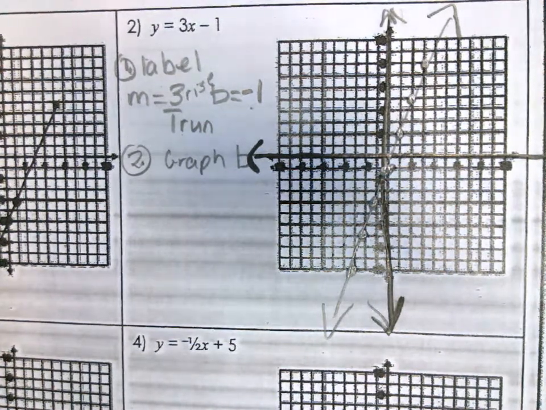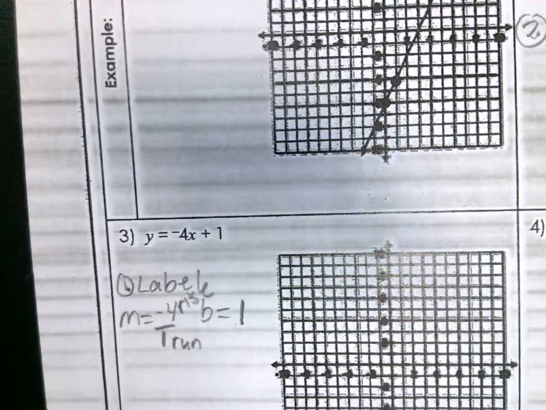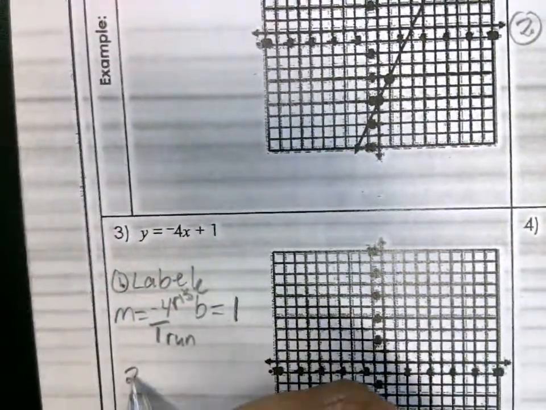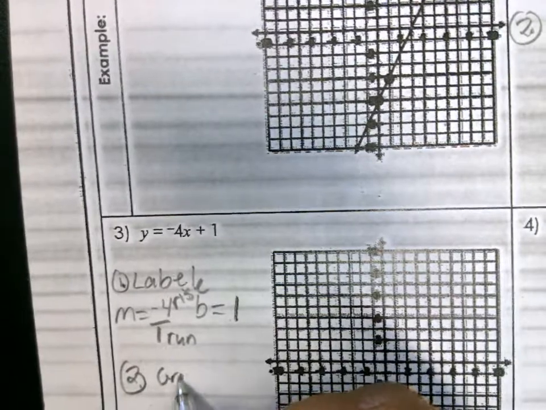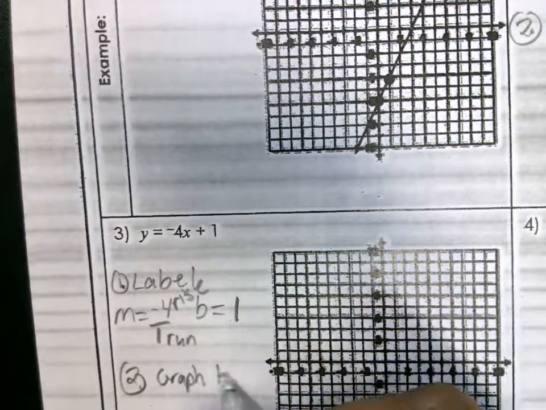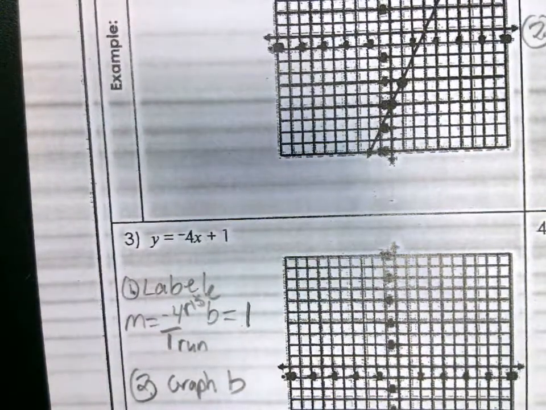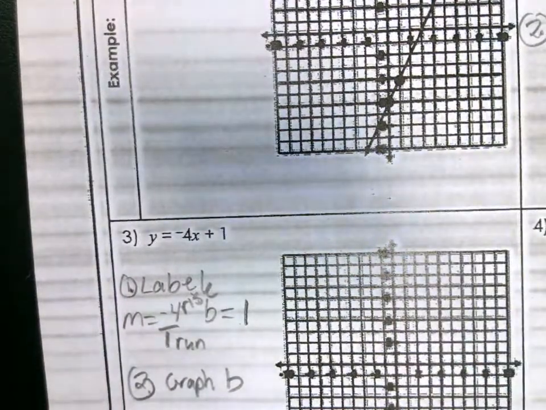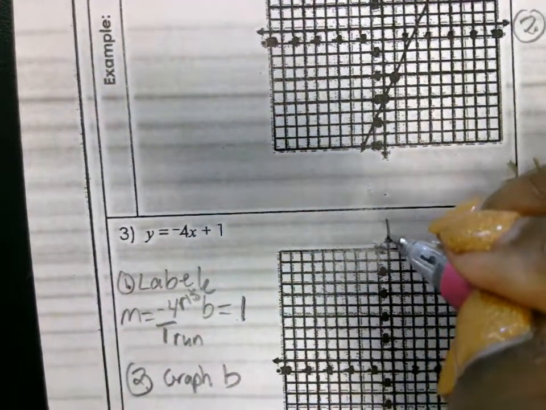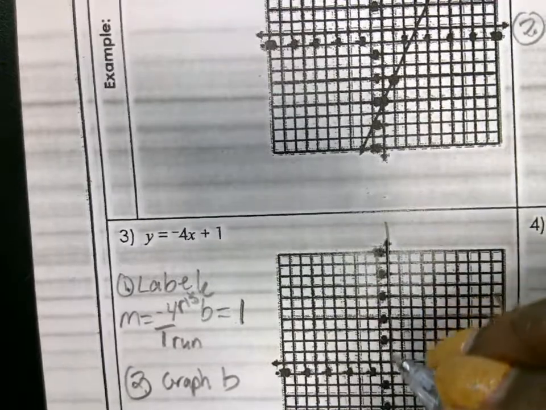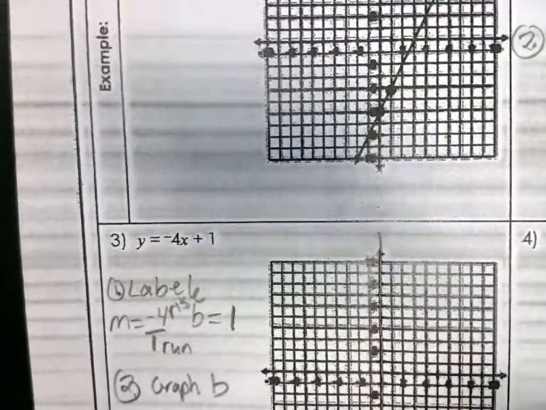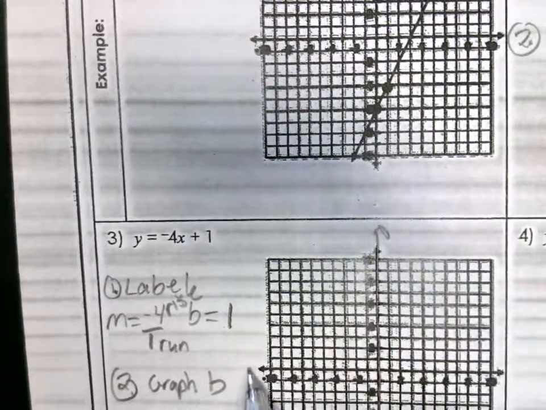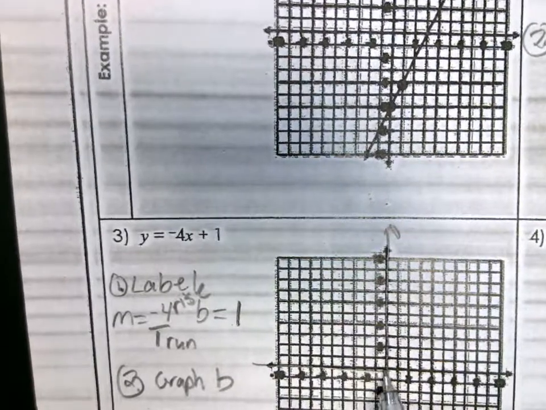Let's do number 3. The second step, we're going to graph B. I'll make the X and Y axis darker. I said relabel, but I meant to say make the X and Y axis darker.